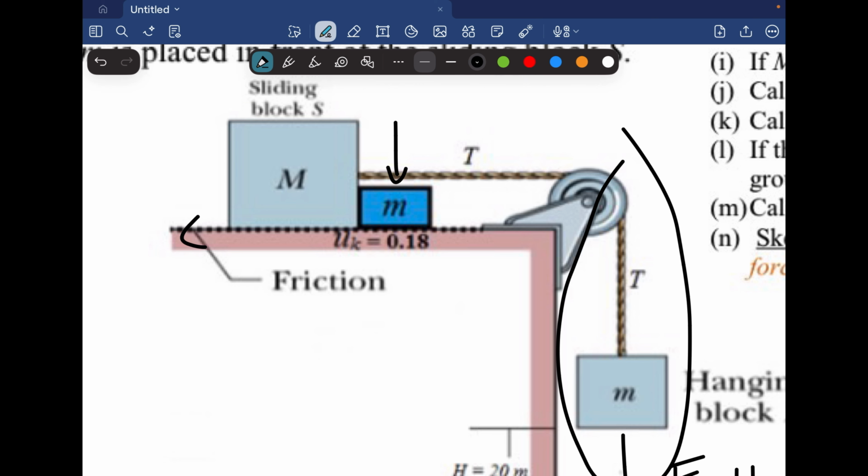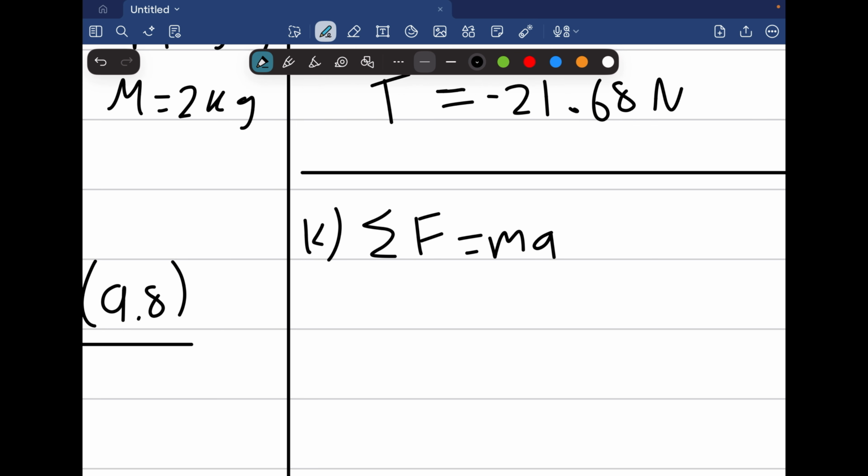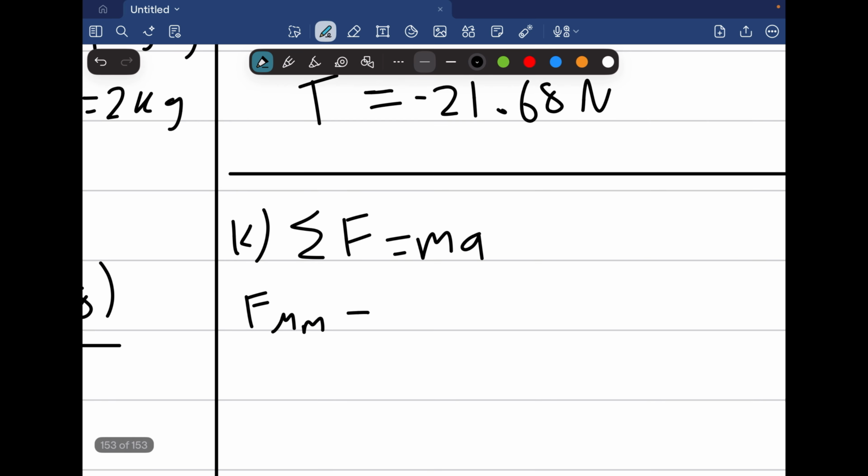So it's moving to the right because of this contact force, right? And then there's also friction opposing it. F_k, lowercase m, right? So I'll write down F, capital M, lowercase m, minus F_k, M is equal to mA, right?